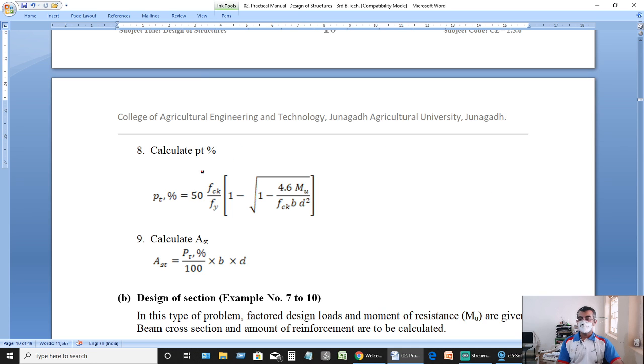Then we find out the percentage steel equation. PT is equal to 50 FCK upon Fy times bracket 1 minus under root 1 minus 4.6 Mu upon FCK B into D square.